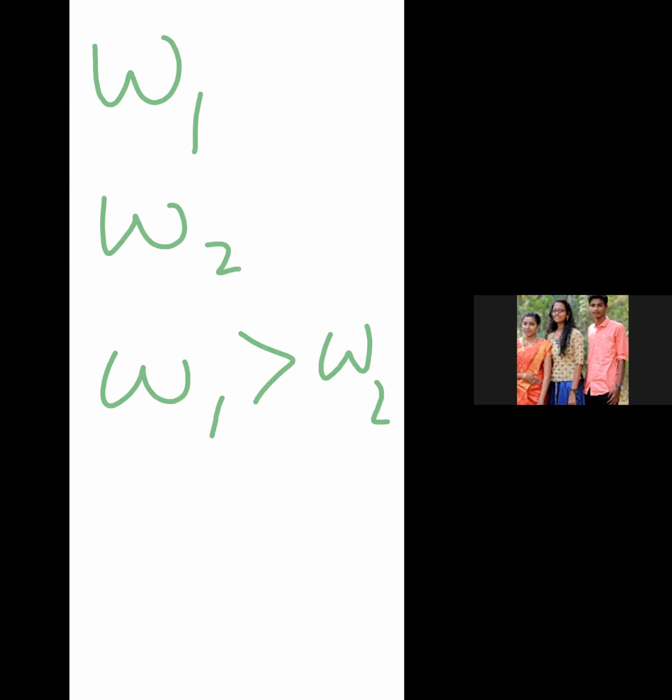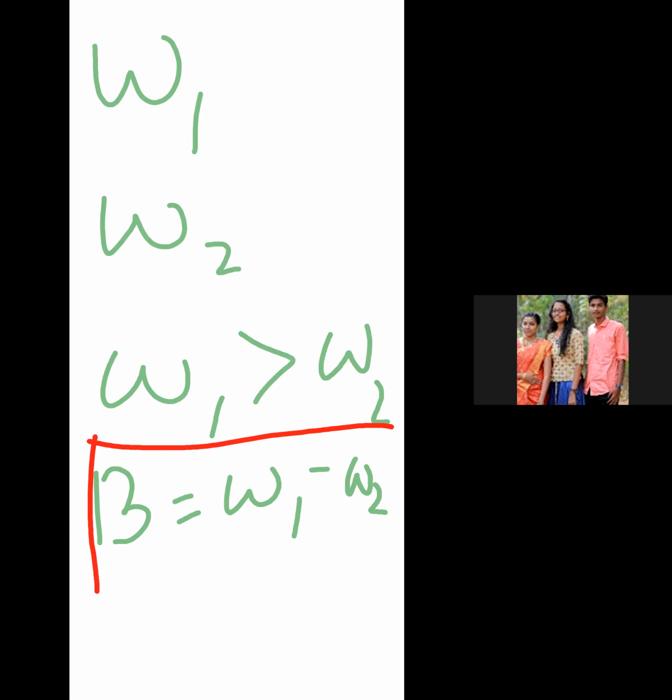So it is very easy to measure buoyancy. That is, buoyancy equals W1 minus W2. This is the equation, the way to calculate our buoyant force or buoyancy.